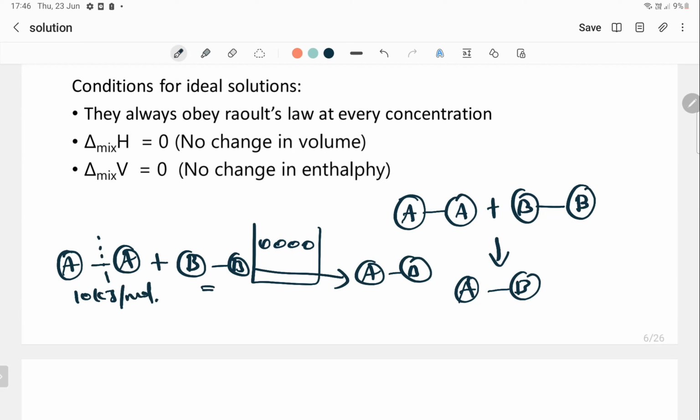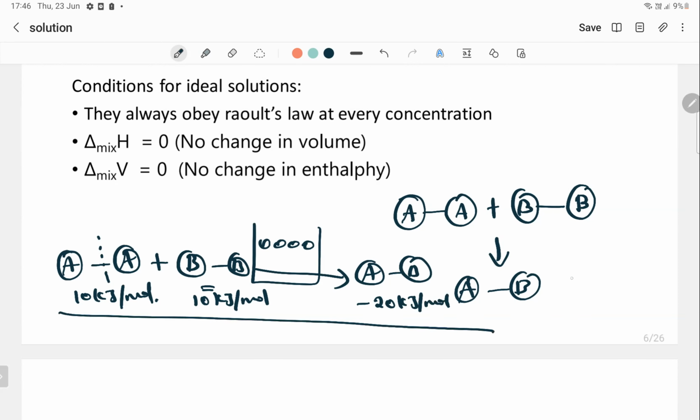And to break the bond between the solvent particles, I am applying 10 kilojoules per mole. In the solution, there will be formation of new bonds, so the energy is released. Clear with this one, the energy is getting released. So here it will be 20 kilojoules per mole. Calculate the net change. Exactly, zero. So your delta mixing enthalpy should always be zero.